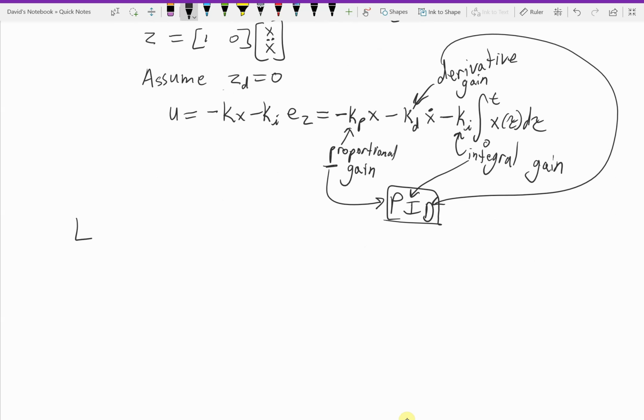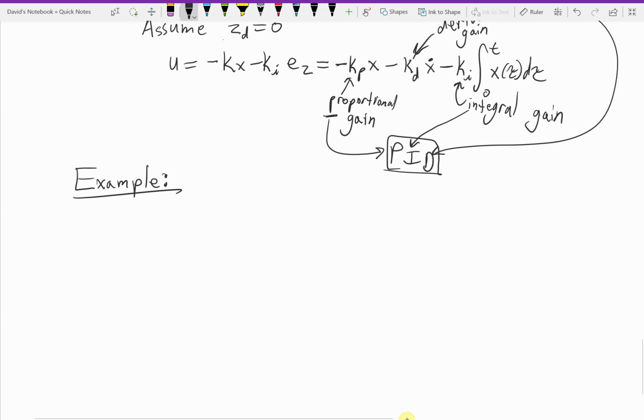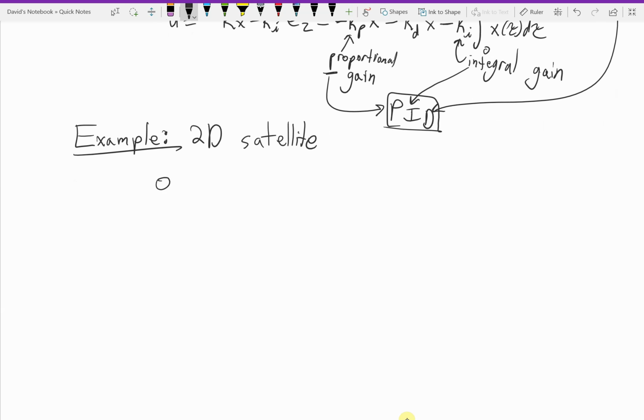So let's consider, before we end here, an example. And this is an example of a 2D satellite which has a state space that looks like this.